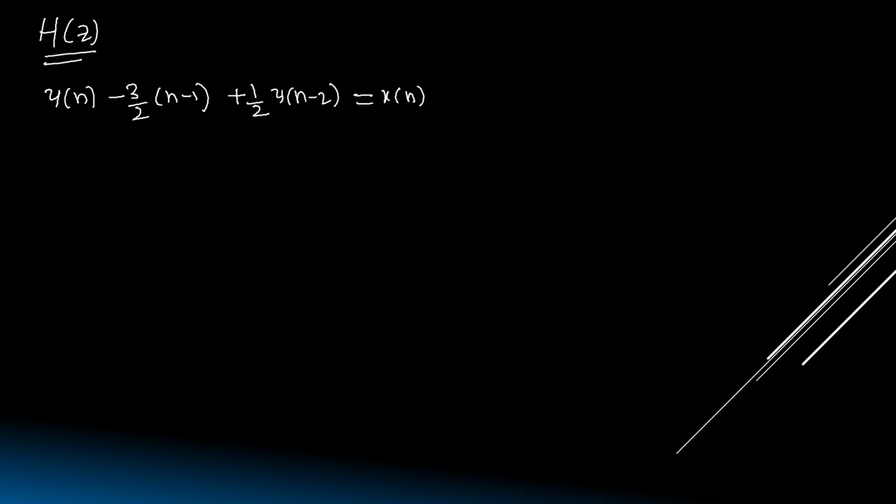So first we need to find H(z) from the given linear constant coefficient difference equation. First of all, write the given equation, y(n) - 3/2 y(n-1) + 1/2 y(n-2) = x(n). Apply the z transform on both sides.